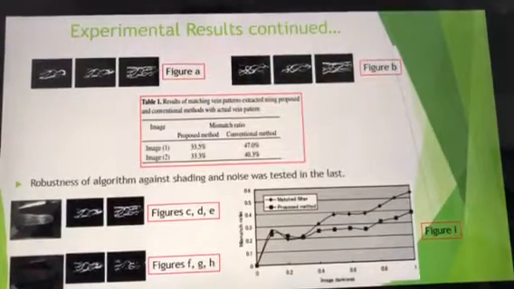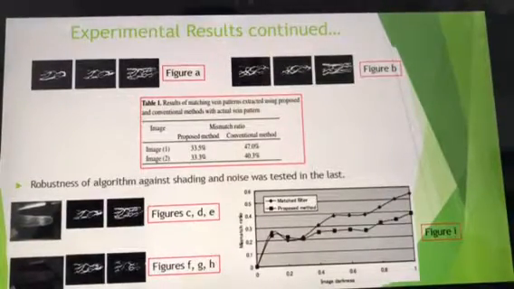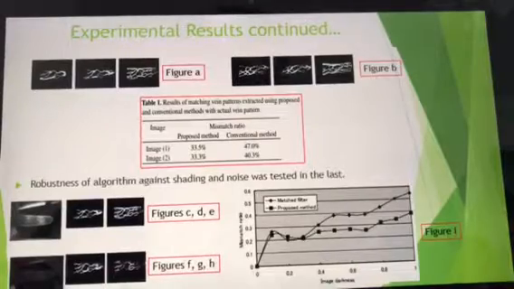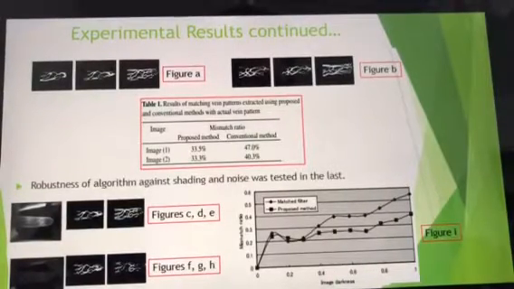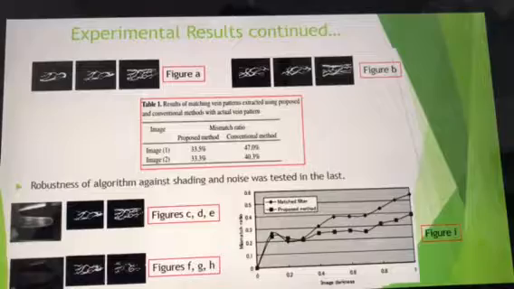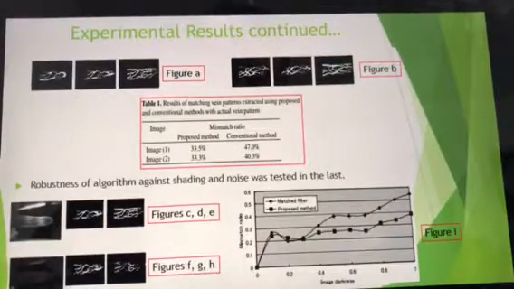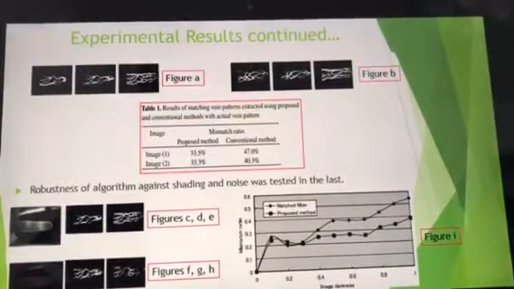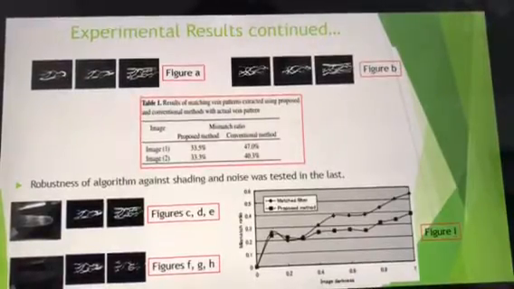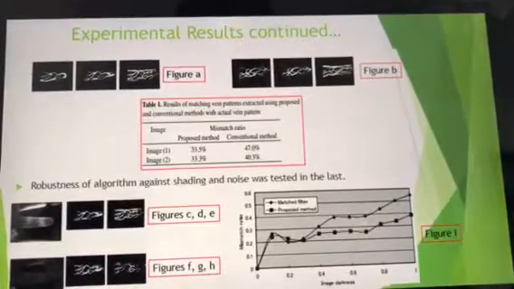Now as you can see, the results in figure A were refined into figures A.1, A.2 and A.3. You can see in A.3 the patterns are pretty visible, bright and clear.